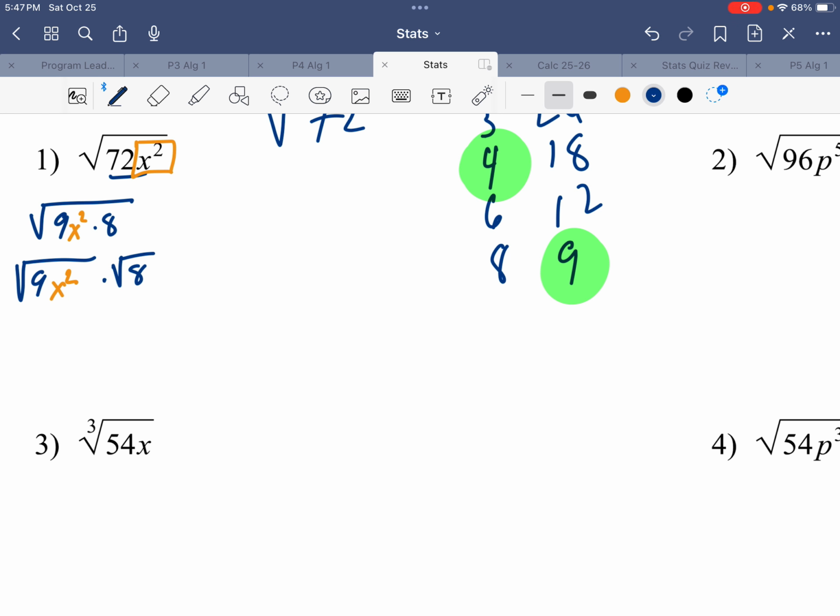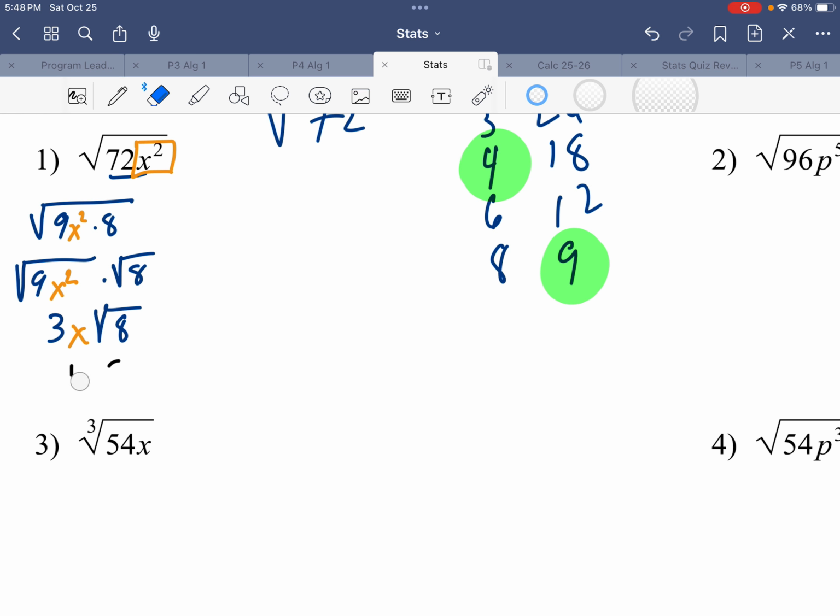The square root of 9x squared is going to be 3x. The square root of 8 can be simplified because the factors of 8, there's that perfect square in there.